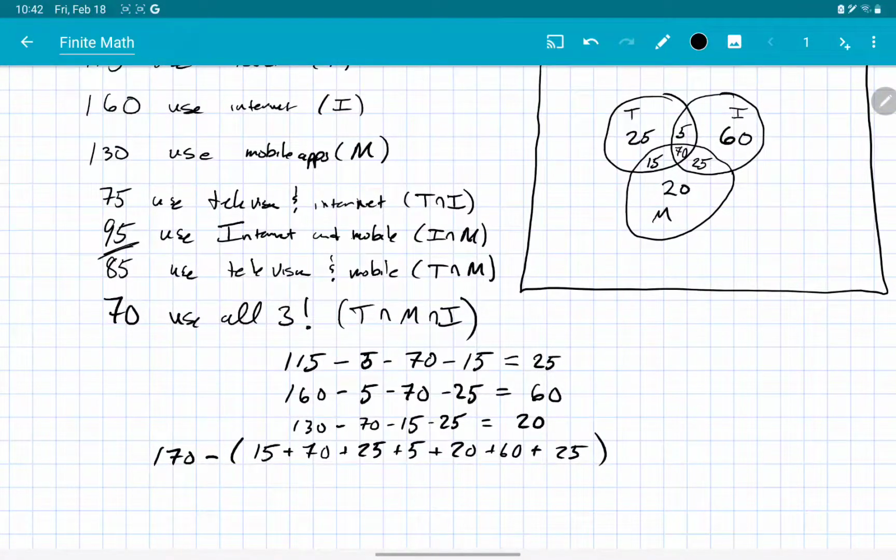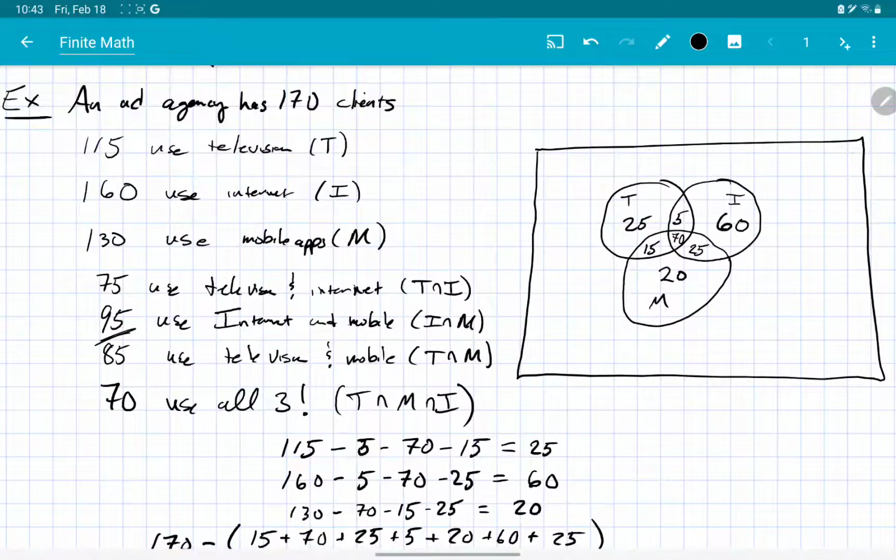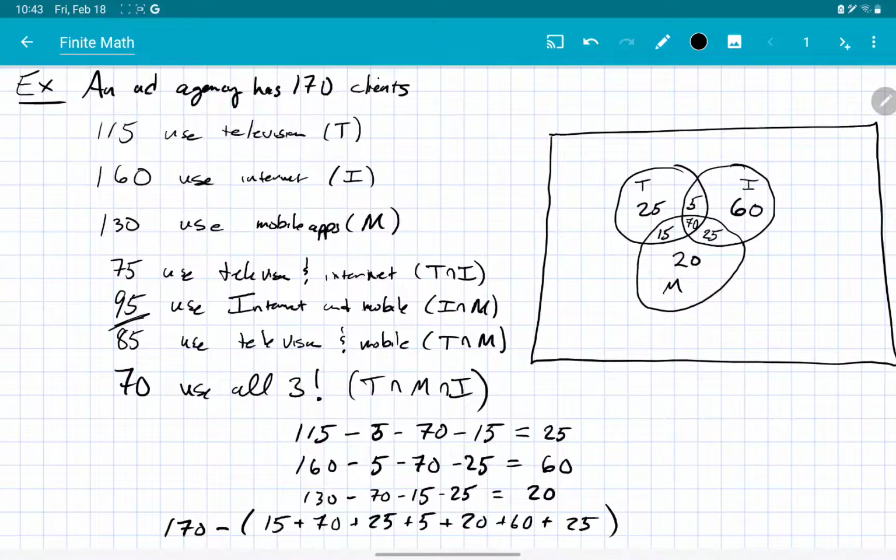Okay, so this is 85, okay, that's 95, 110, 115, 125, 185 plus 25 is 210. It's way too big. That's way more than 170 clients, right?